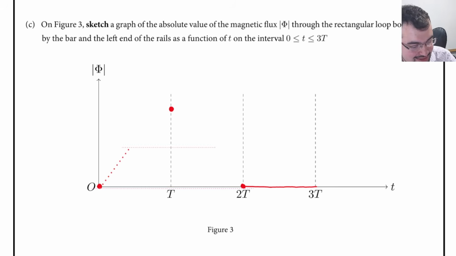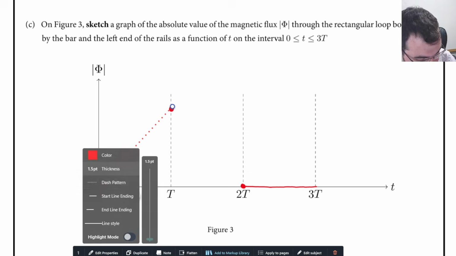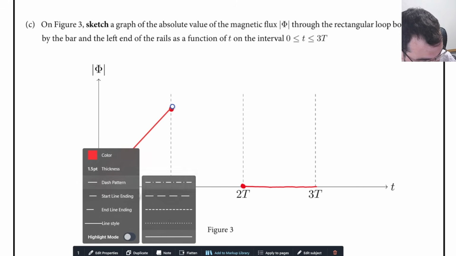Well, it's constant speed. So the fact that this was a constant speed tells us that our connector should just be linear. And this isn't the best linear I could come up with. I think I'll have to mess with my line tool here. We'll make this solid.